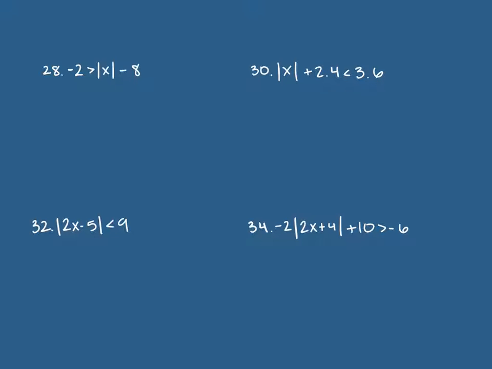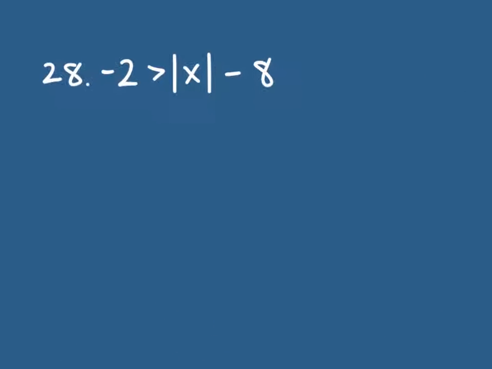Let's look at some examples that are a bit more complicated. So for 28, we're given the inequality -2 is greater than the absolute value of x minus 8. Before I figure out if I have an and statement or an or statement, I'm going to first get the absolute value by itself on one side.